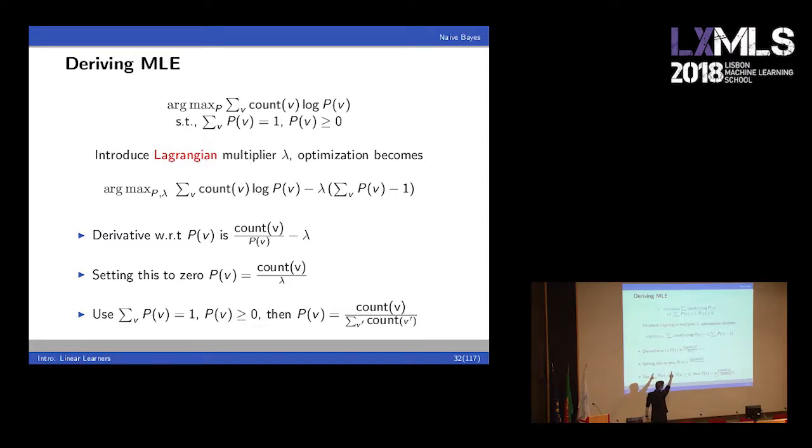The derivative of P of V is 1 times count of V. And for the right-hand side, the derivative is 1, the rest is constant, times lambda. So this is the derivative of this objective with respect to P of V.